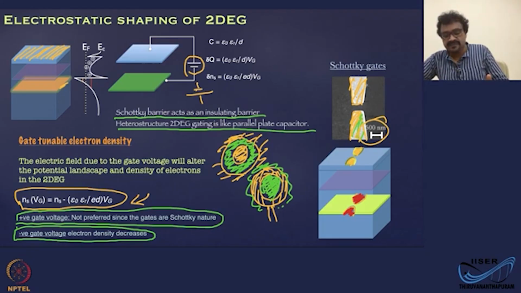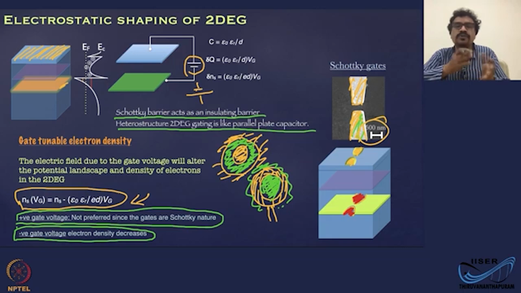So what we have done in this class is look into the importance of mobility, the dimensionality, the formation of a two-dimensional electron gas, and how we can form a nanoscale device just by applying voltage, that is, electrostatic shaping.